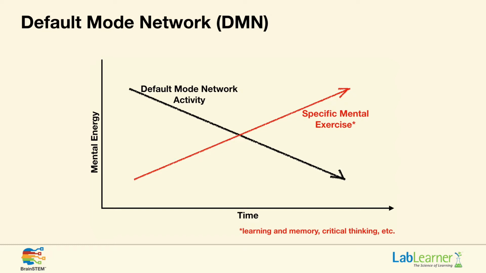However, as we shift from that daydreaming, mind-wandering state and start thinking about something specific, some sort of specific mental exercise like learning, we're trying to memorize something, critical thinking, and so forth, what happens is our energy shifts from that default daydreaming-like network to the more specific critical thinking related types of mental processing.